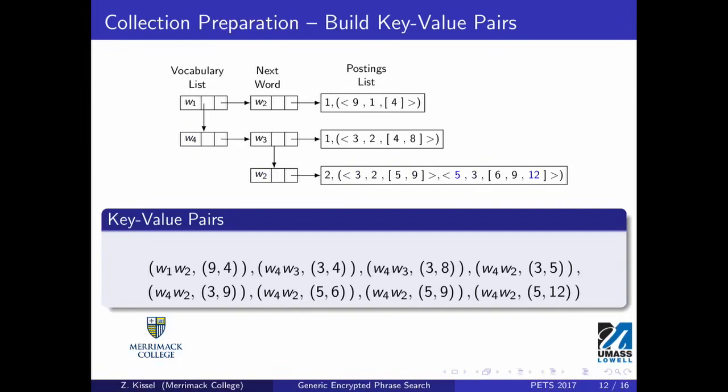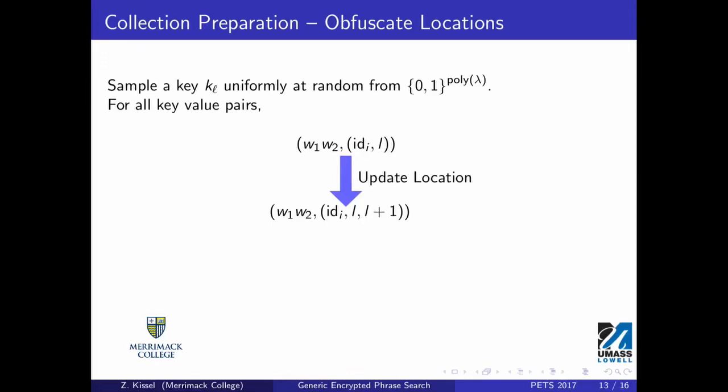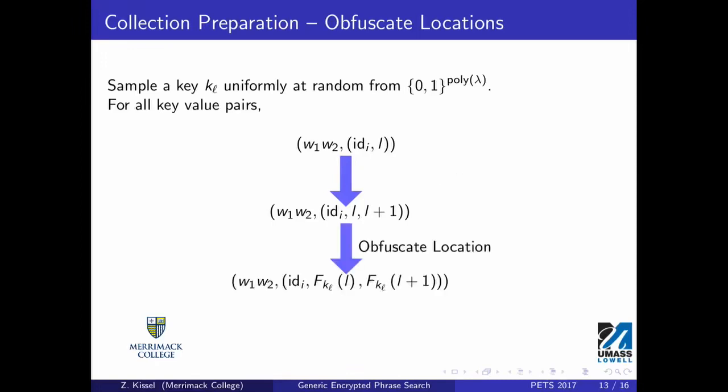So now we have key value pairs. We're going to sample a key KL uniformly at random. And for all key pairs we'll update the location by tracking the next possible location. Then we'll obfuscate this by applying a pseudorandom function. And once we've done this to all documents, we'll forget that key.